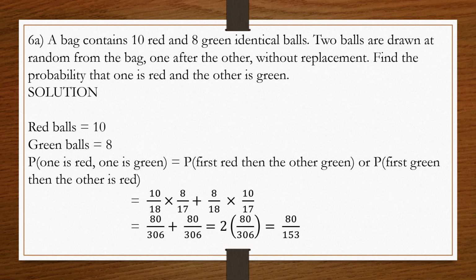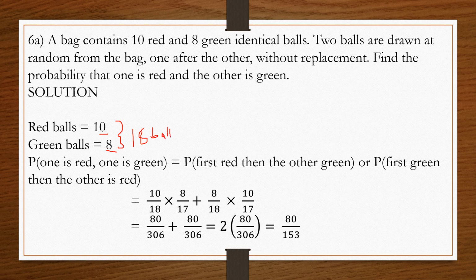All right, to solve 6a, you must know the total number of balls you have in the bag. For us now we have 10 red and 8 green, so we add both and that will give us 18 balls. So we have a total of 18 balls in the bag.